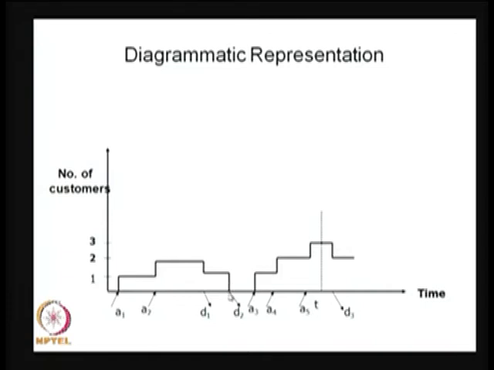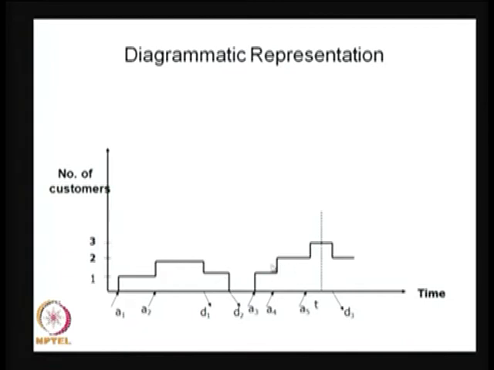At the time point T2, the second customer's service also gets over. Now, the number of customers in the system is 0. The third customer entered at the time point A3. So, during this interval the system was empty. Like that, the number in the system keeps increasing by 1 whenever one customer enters the system, and decreasing by 1 whenever a service is completed.